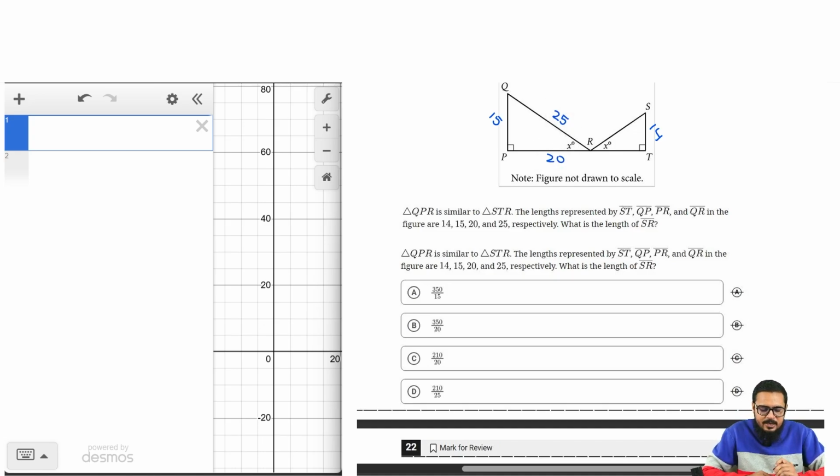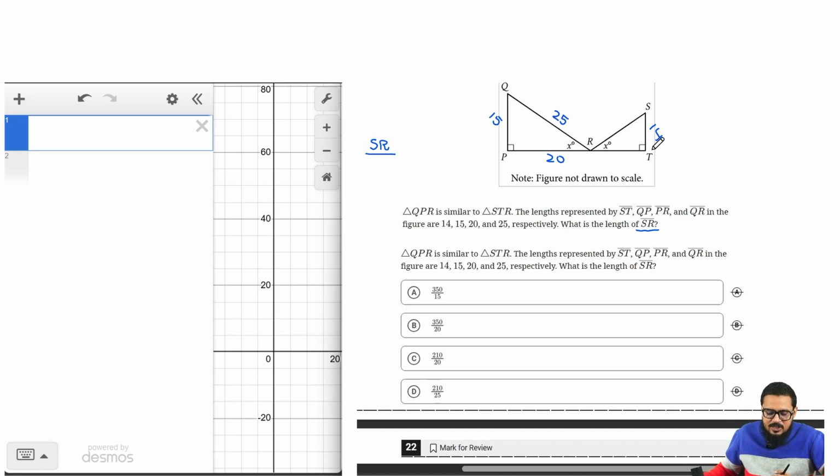Since these two triangles are similar, I'm going to use the ratio, big versus small, or you can say L1 divided by L2 equals L3 over L4. I'm looking to find the value of SR, which represents the hypotenuse of my smaller triangle. So I'm going to create the equation small SR, the side of my smaller triangle, versus big.